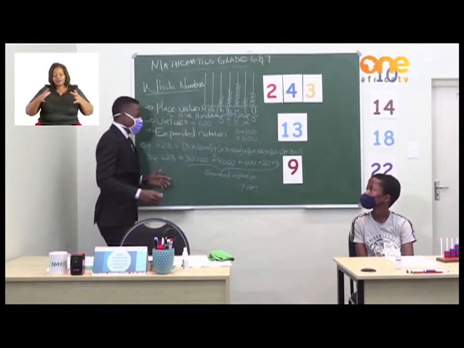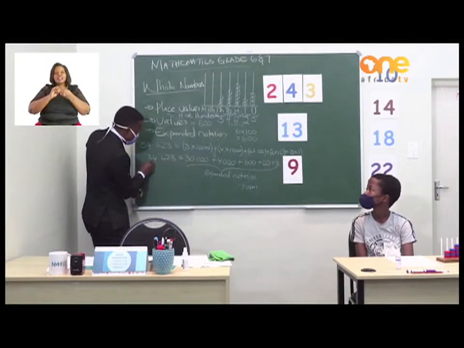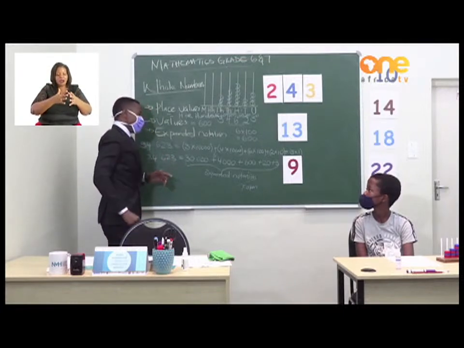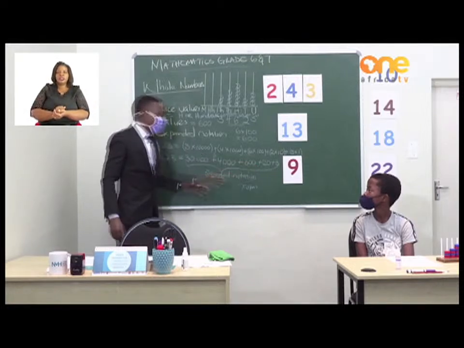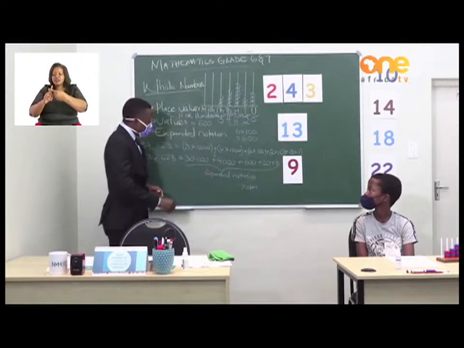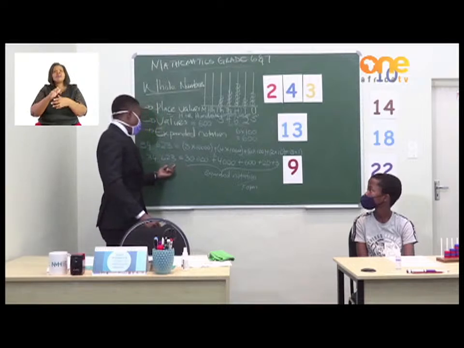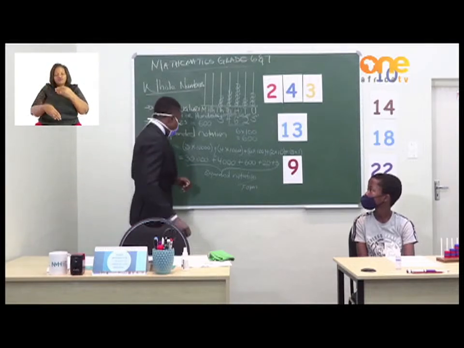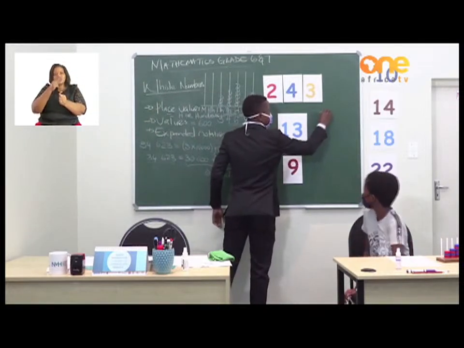In simple terms, an expanded notation is to make this number as large as it is, separated with addition in between. Why do we separate with addition? Because if we add all these numbers together, they will give us this number. We can also try it. I'll take the first number, which is 30,000.